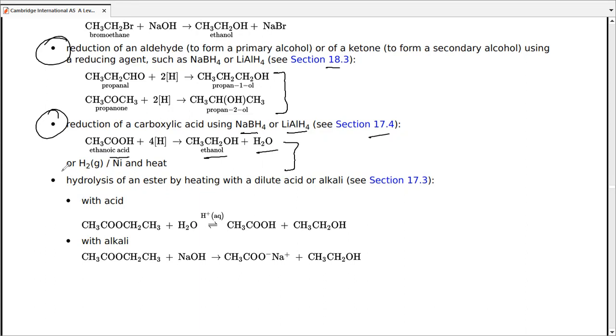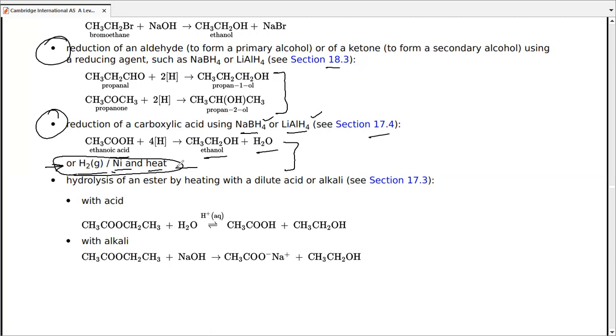Though there is another way of doing it, and that is with H2, with nickel and heat. This is a hydrogenation reaction. Now, this has a small 'or' over here, which means we can do the same reaction. Instead of NaBH4 or LiAlH4, we can use a hydrogenation reaction in the presence of nickel as a catalyst and heat. Remember, hydrogenation was possible.